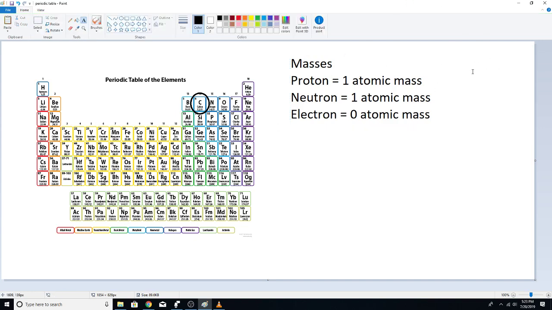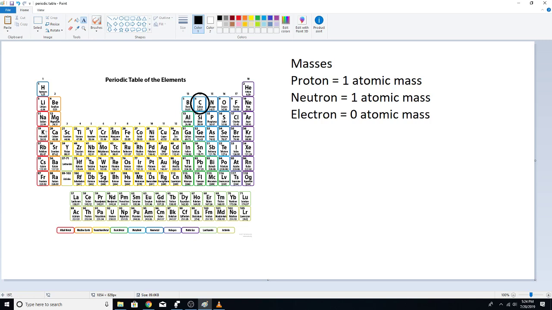So this is important because we need to know why the bottom number here is different. Why has it got a decimal? If you look at some others, for example potassium here, that has a proton number of 19, a whole number, that makes sense.